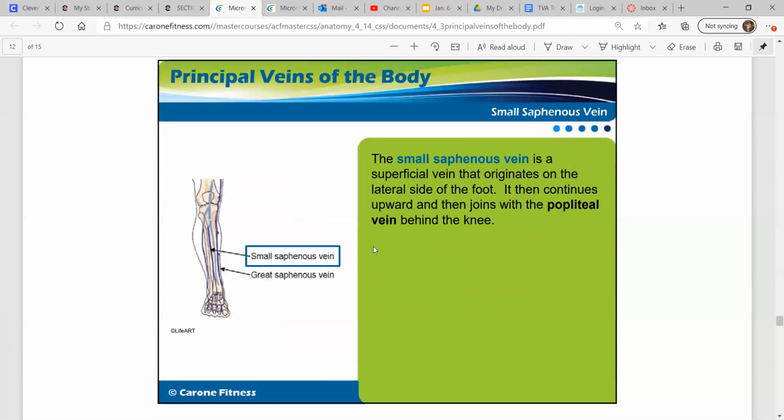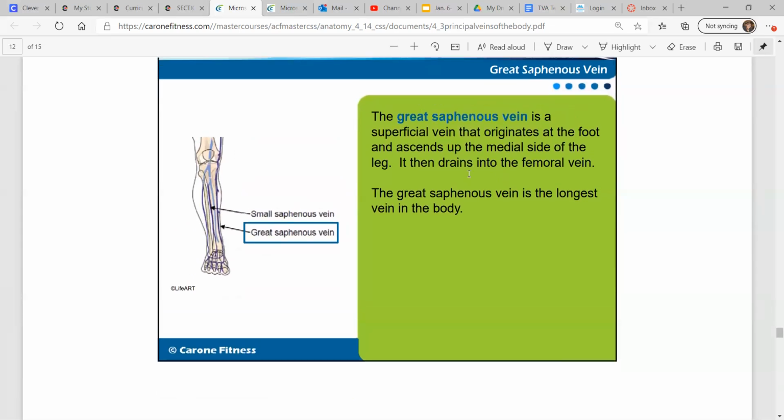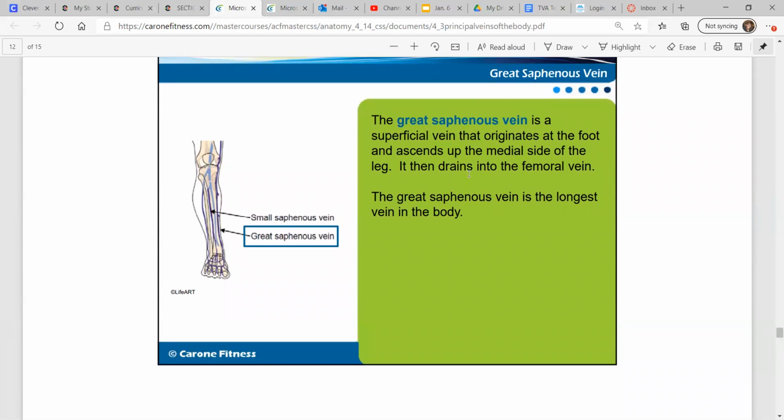Now, superficially, we have the small saphenous vein that originates on the lateral side of the foot and then continues upward and then joins with the popliteal vein right behind the knee. Then you have the great saphenous vein.